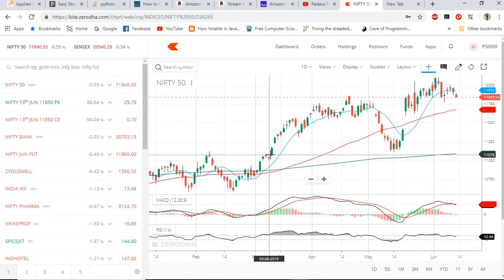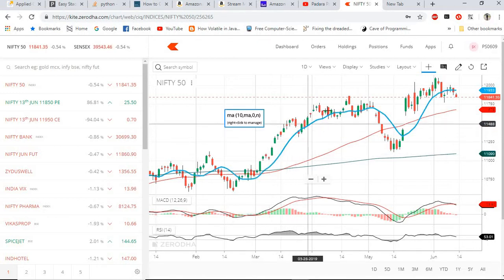A dip means whenever there is a slight fall in the market, a good decent fall in the Nifty. Then you just add some more stocks, and when it falls again, you keep adding up. That is called the accumulation phase.